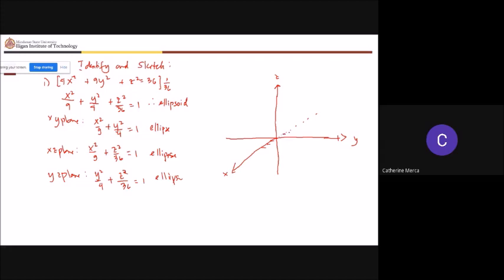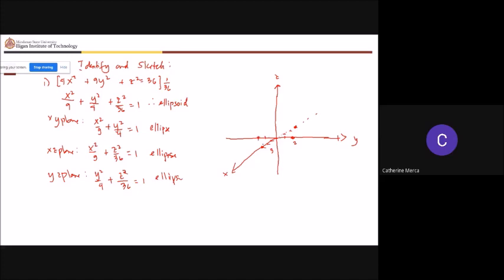Then on y it is 2, so 1, 2, on the y-axis, and 1, 2, 3 on the other side.